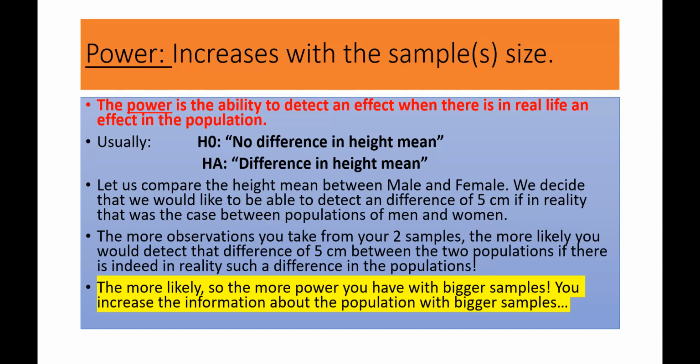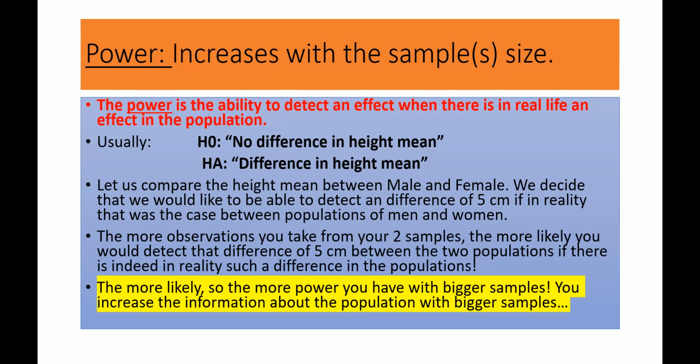So I mentioned earlier that the power increases with the sample size. Well, I will repeat it again. If you increase the sample size, like the sample of the males and the sample of the females, if you increase the number of observations per sample, in that case, you get more information about the populations, obviously, because you will have more observations, okay?